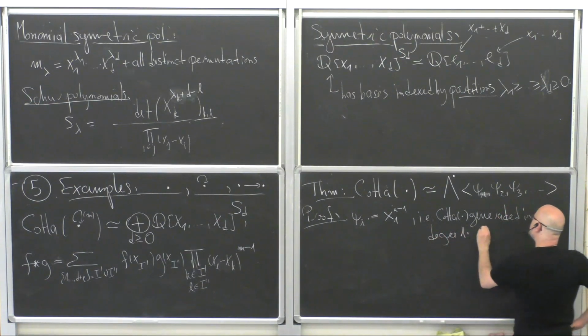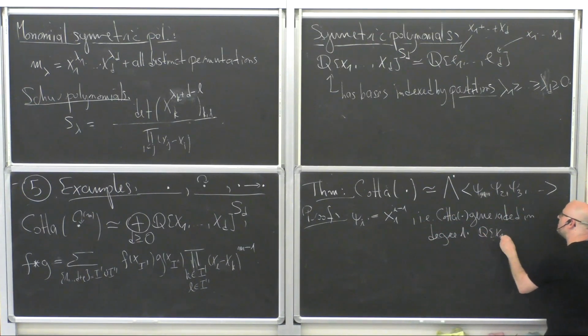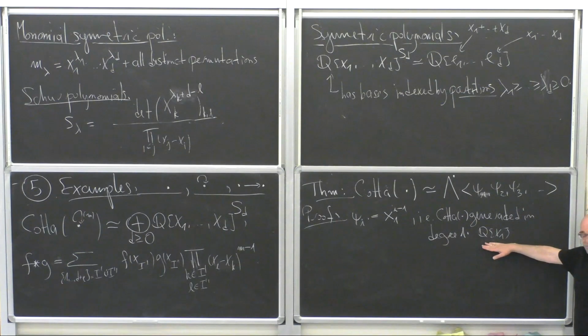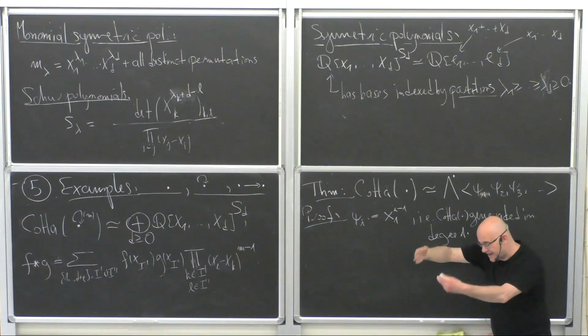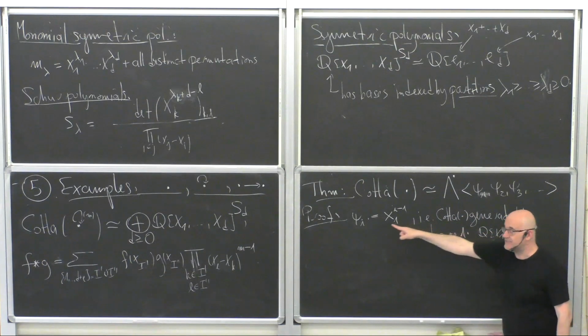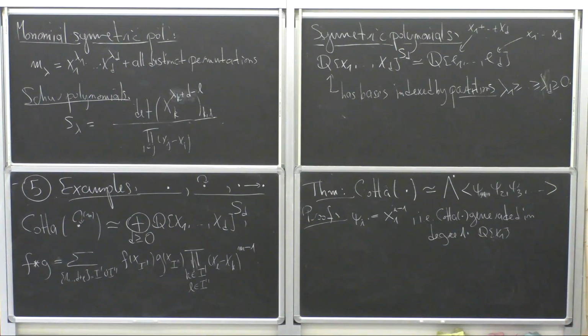In degree 1, we have a polynomial ring in one variable, and we don't need to symmetrize. And a basis for this space is given by 1, x, x squared, and so on. And these I just identify with the psi's.